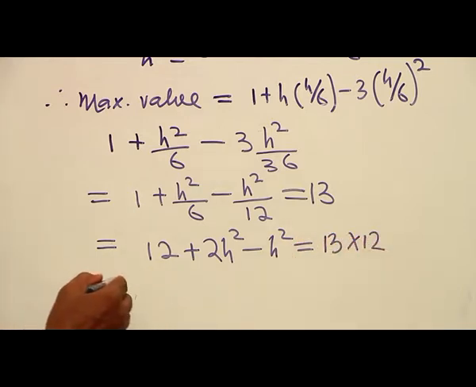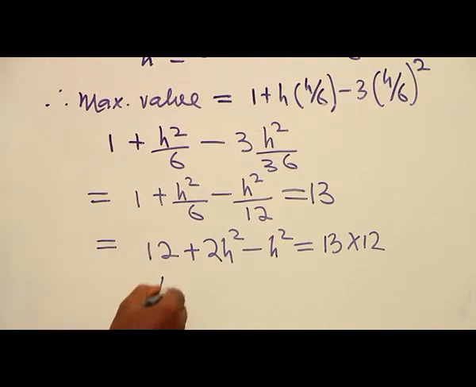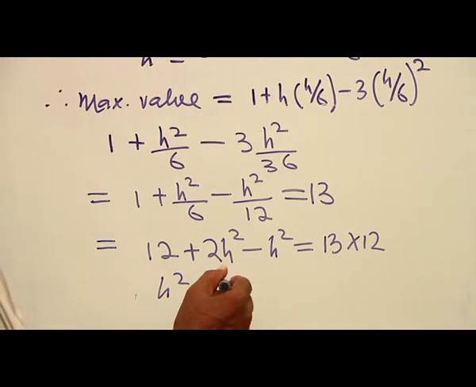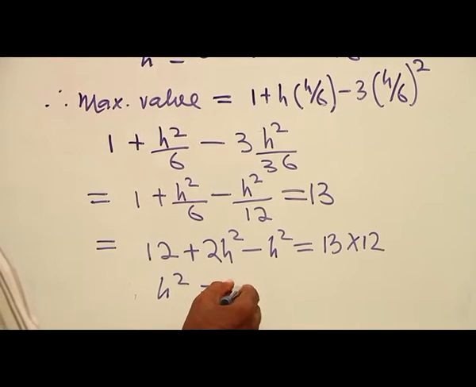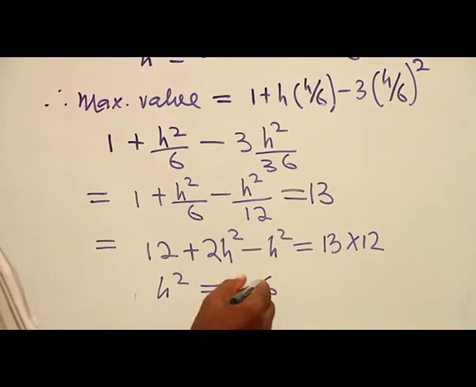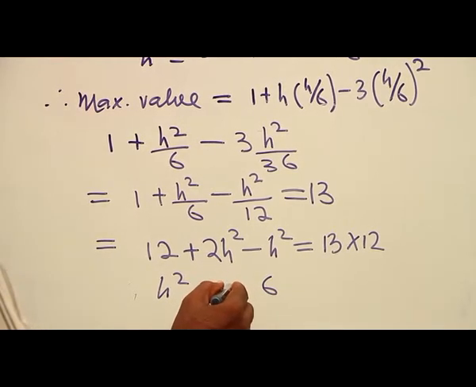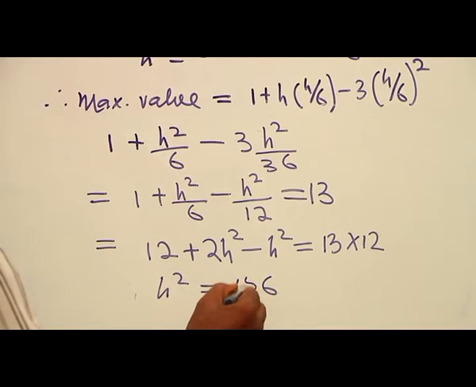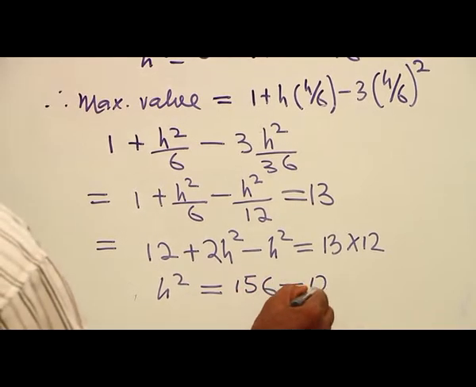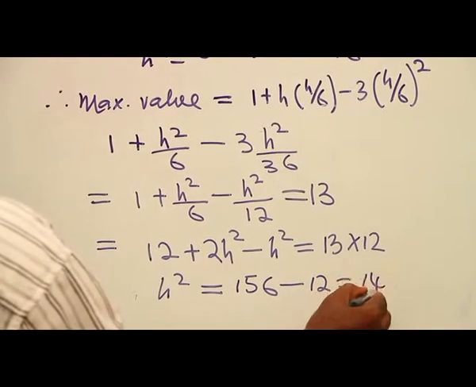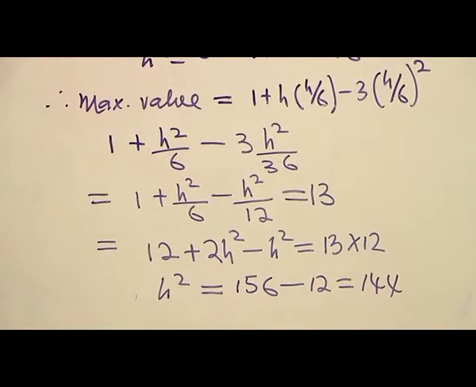Having this, we now have that 2h squared minus h squared will give you h squared. And this will be equal to 13 times 12, which is 156. And 12 plus 3 is 15, and then minus 12, that will give you 144.